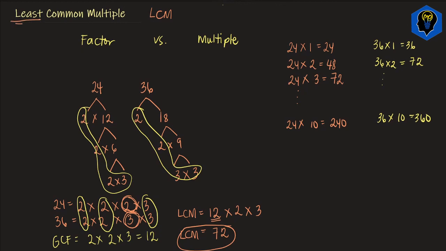Least, pinakamababa, na magkapareho sila, common, na multiple. So, kung titingnan niyo yung lahat ng products, ano ba yung magkapareho sila na pinakamababa? Eh, syempre, the answer is 72. Diba? Kaya yun nga yung LCM natin.